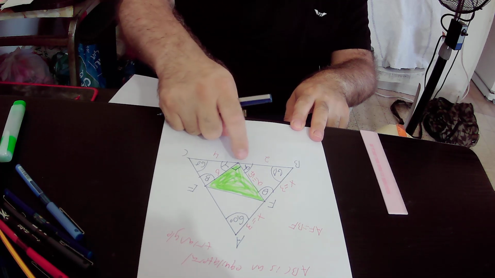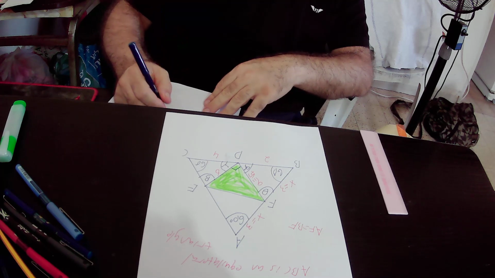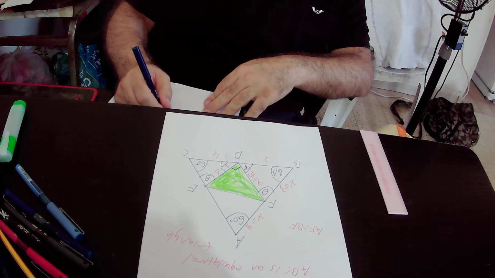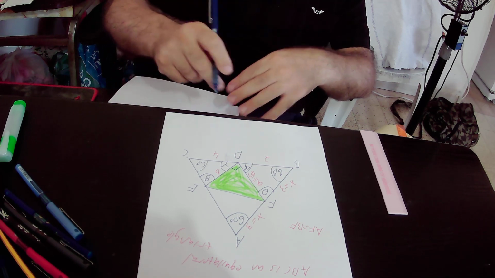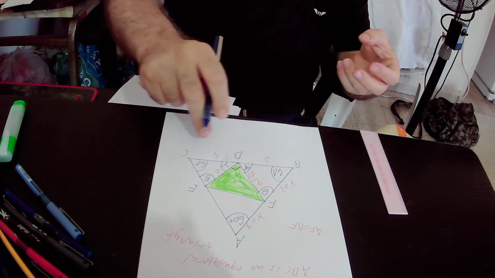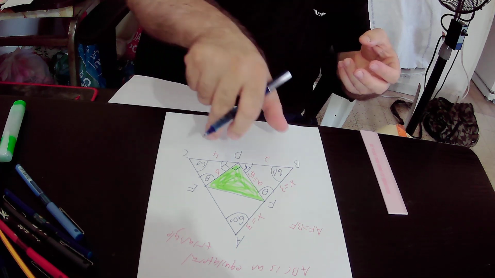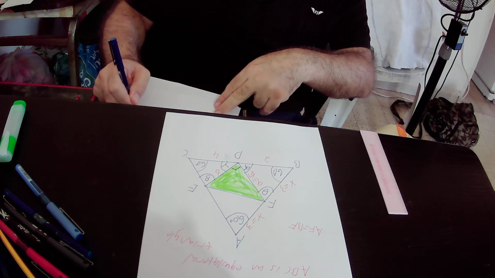That is to say, alpha plus 90 degrees plus gamma equals 180 degrees.